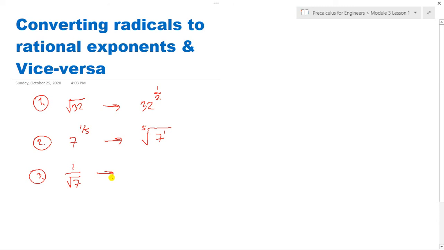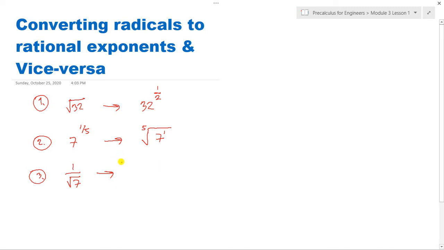It's either you are going to rationalize this, or you can just simply convert this into a rational exponent that has a negative sign. I mean, a negative exponent. So, if your instructor, or if the examination requires you to convert your answer into a positive exponent, then you should make it a positive exponent. Kasi meron tayong dalawa ditong answer. So, what's the first one?